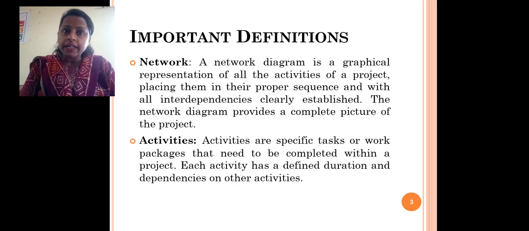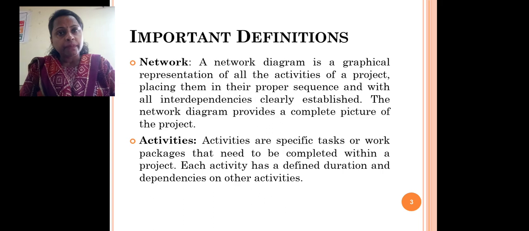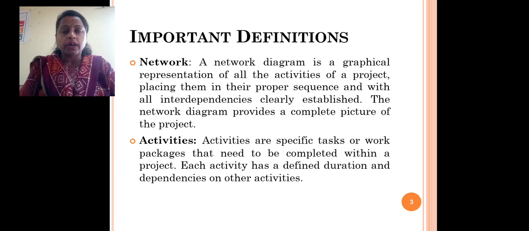So what is an activity? Actually, network diagrams are activity based and event based. So what is an event and what are activities? Activities are the names. For example, receiving of raw material, that is activity A. Fine, but that activity will start from one starting point and it will end at an event.